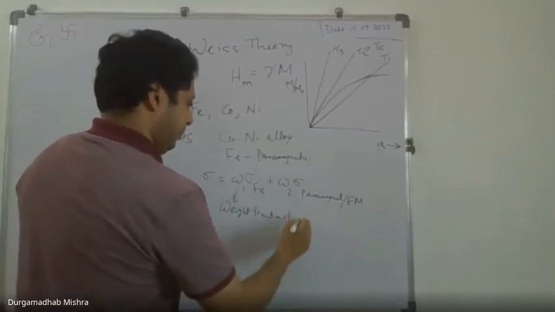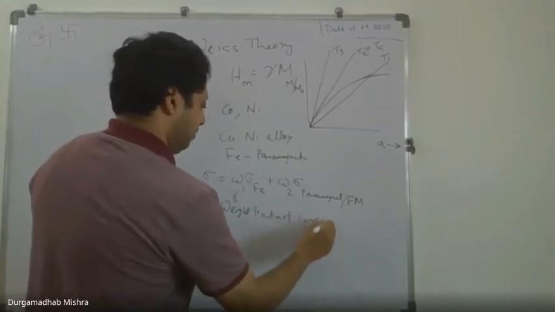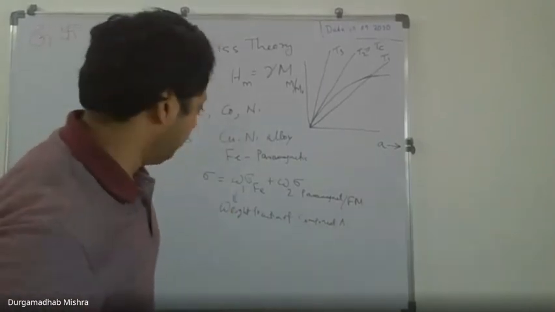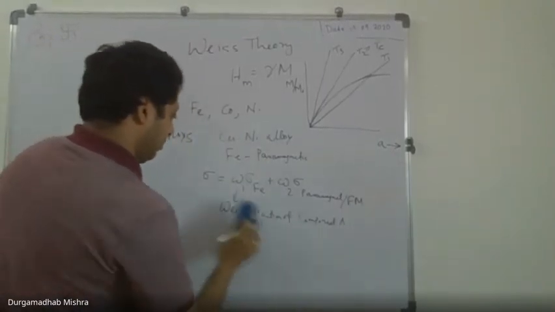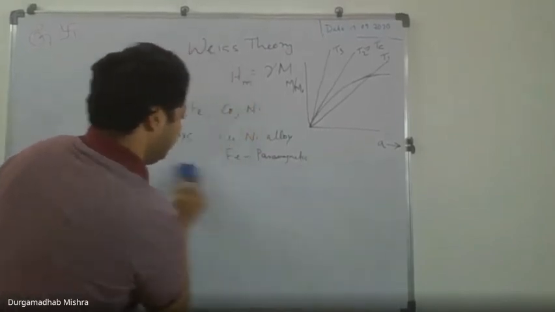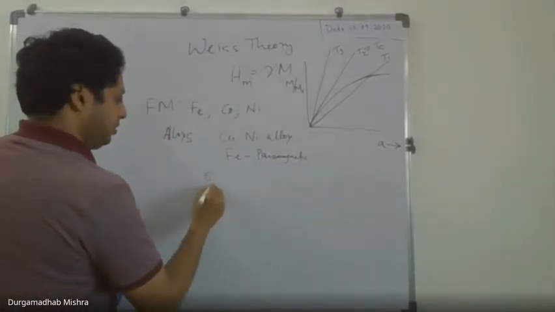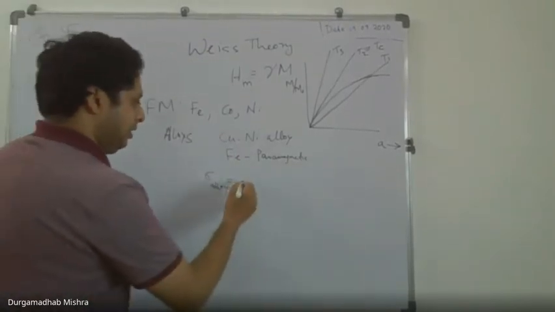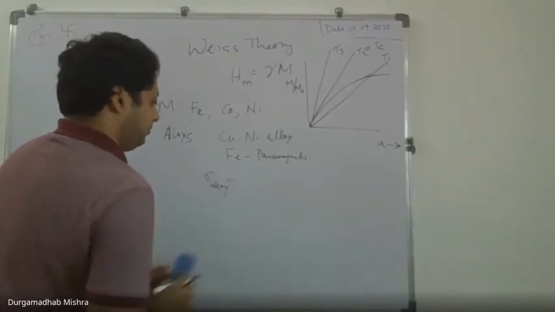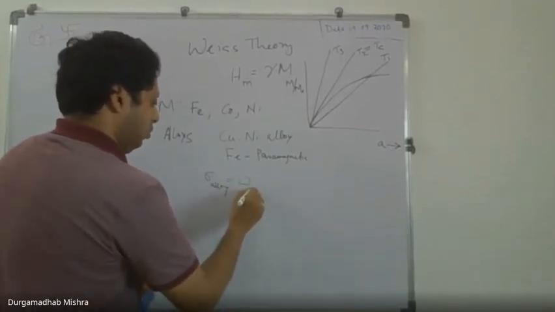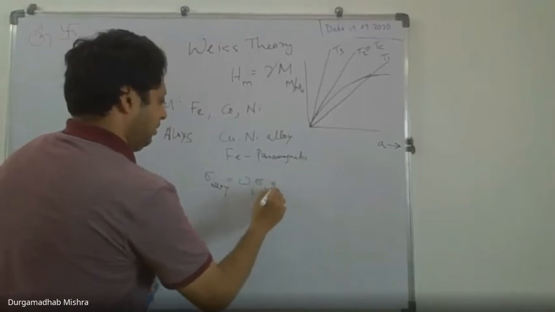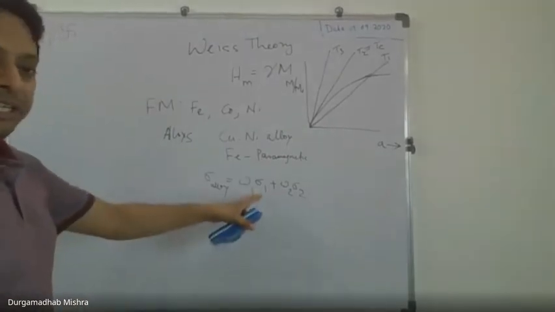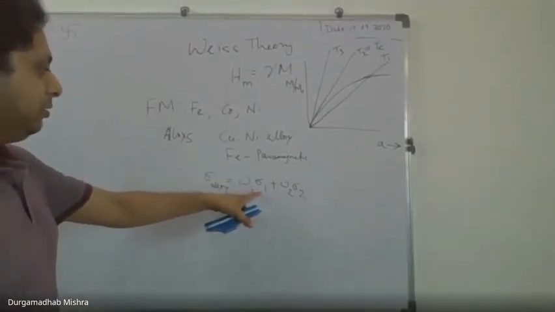We can write it in a more general way, so that there is no confusion. For the alloy, the specific magnetization sigma will be equal to the weight fraction W1 times sigma 1 plus the weight fraction W2 times sigma 2.